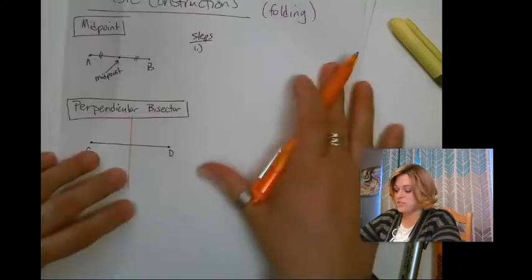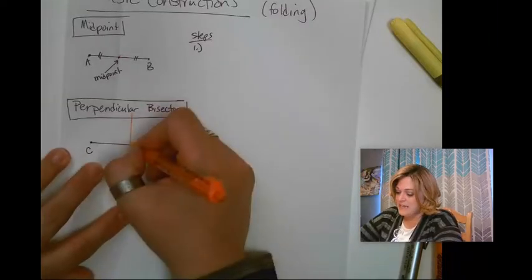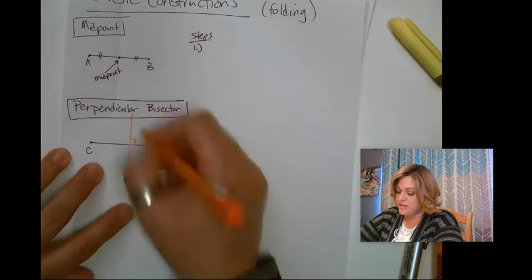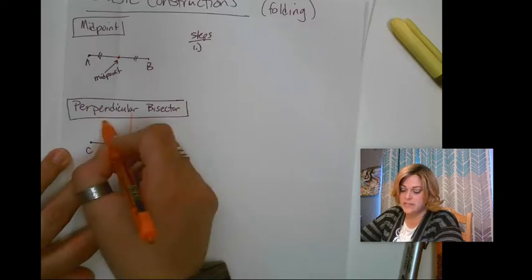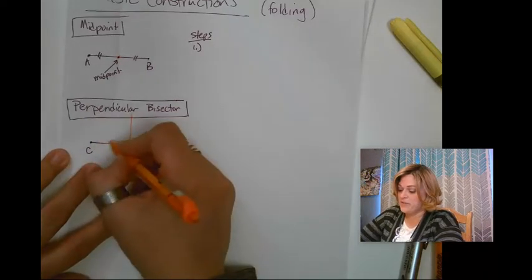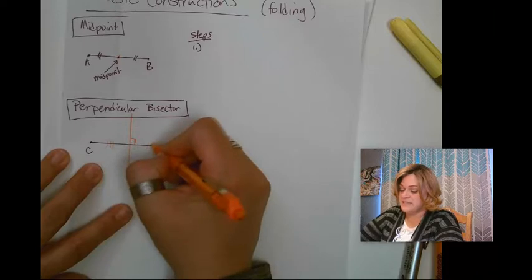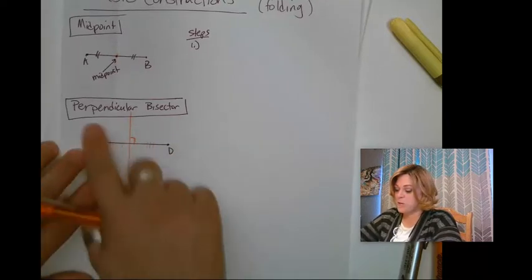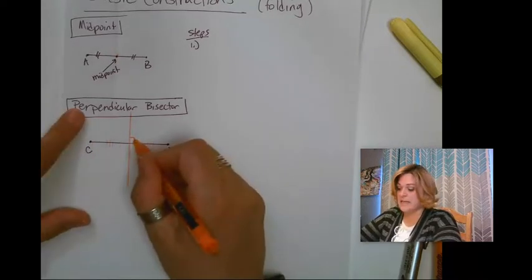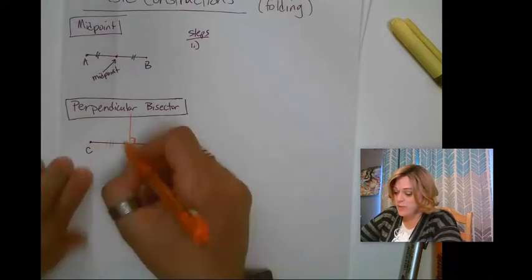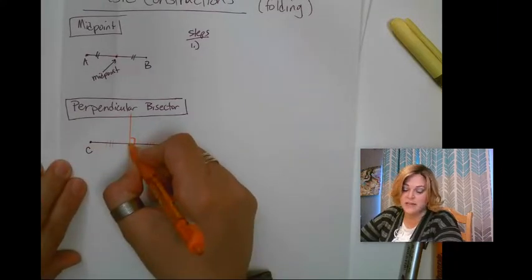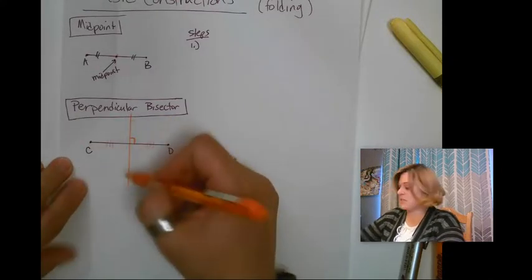And what happens is you are creating a line at a 90-degree angle. That's the perpendicular part. And it perfectly cuts the segment in half. So it's perpendicular and it's bisected. So this point actually is the midpoint. Okay, but we just say we found the perpendicular bisector.